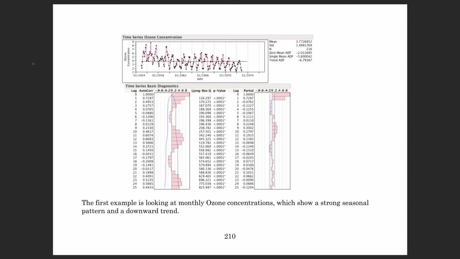For example, in the autocorrelation function, you can see that the autocorrelation with a lag of 12 is relatively large and positive, and at 24 is relatively large and positive. That implies that there is some sort of seasonality pattern across the months of the year, and so we would want to remove that seasonality pattern and see what was left.